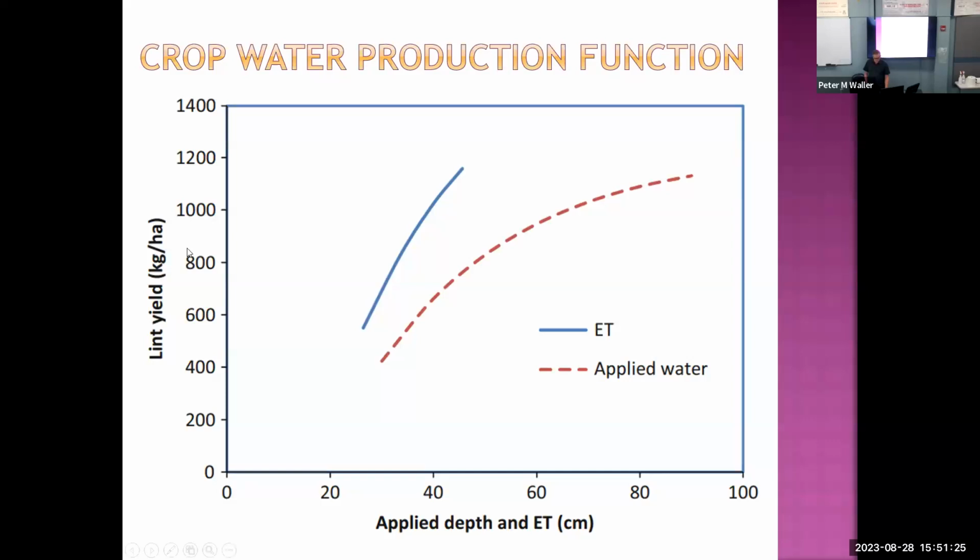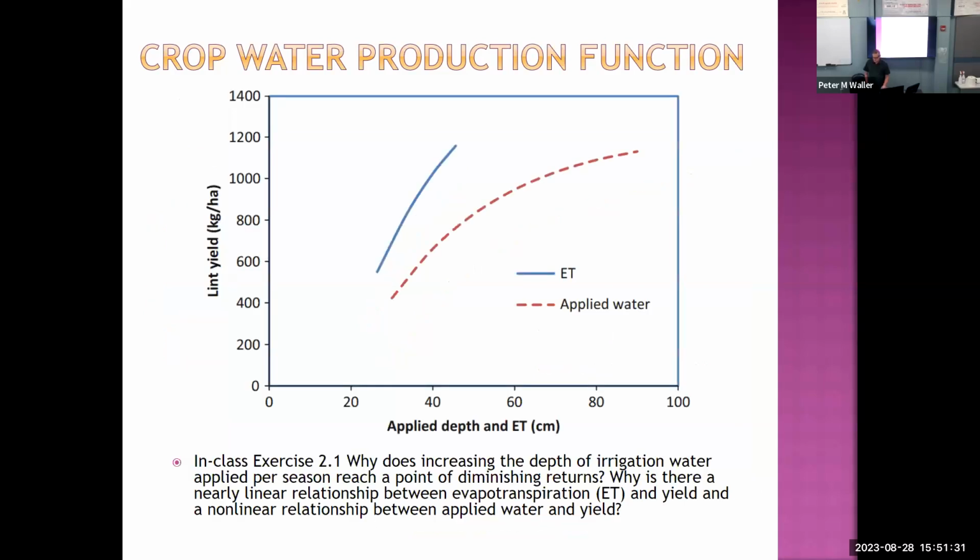So, what I'd like you to do is in-class exercise 2.1, which is one of your questions on your quiz. You might want to join this group over here, so you can discuss it. So discuss in your groups and actually write it down because that's one of your questions. Why does increasing the depth of irrigation water applied per season reach a point of diminishing returns?